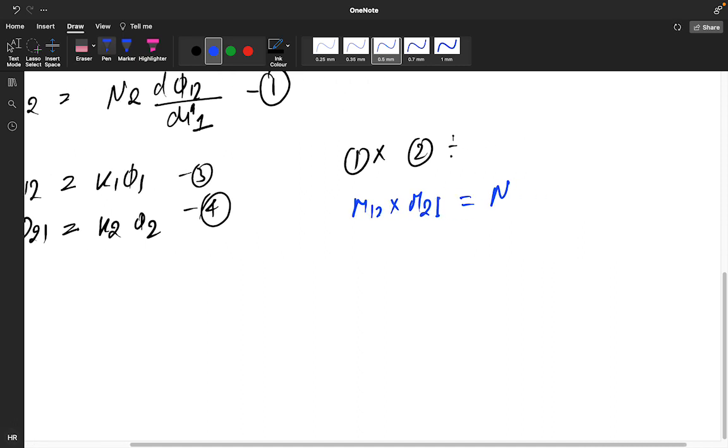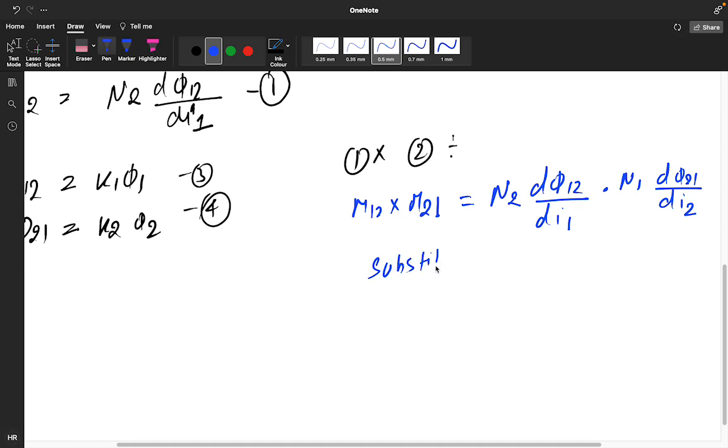N2 into coil loops of 2 into dφ12 divided by di1, into N1 into dφ21 divided by di2. Okay, and here you have to substitute 3 and 4.